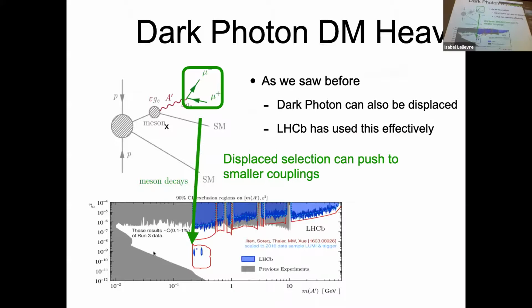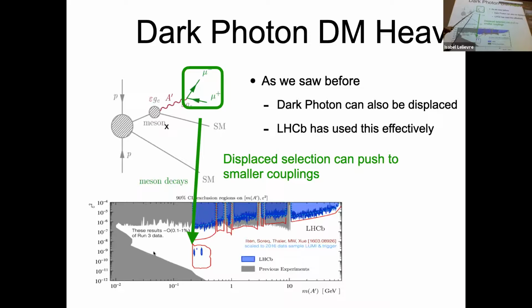Oh, and finally, to bring it back home, we can have the dark photon just be produced at the LHC in a normal detector without building a new detector. People are looking for this at LHCb, and this gives you a displaced dark photon. If the lifetime is not so long, you can produce a dark photon and it will be displaced.